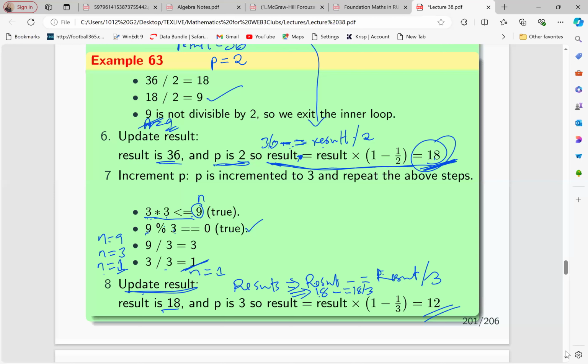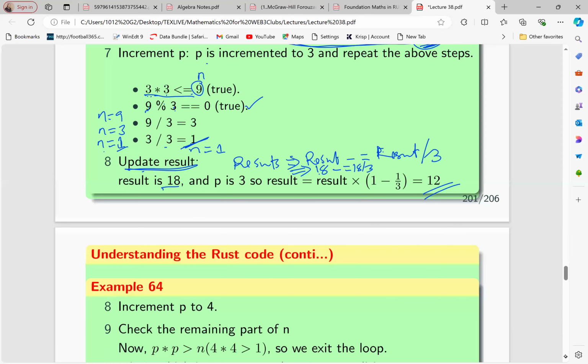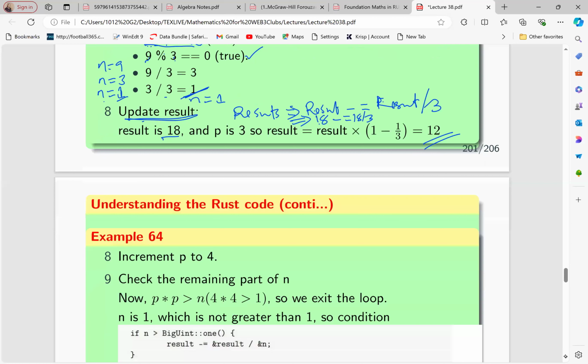Increment. So the way I wrote it, I just said +1 is okay. So you just do it +1, but you can go to 5, there's no problem. So when you do it +1, then it means P becomes 4. Then check if 4 times 4 is less than or equal to 1.